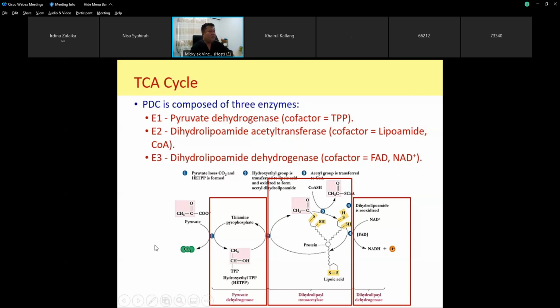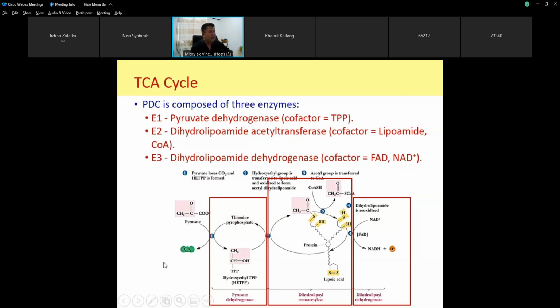Alright, so from here, 3 carbon of pyruvate, 1, 2, 3 carbon, will release 1 CO2. This CO2 dia akan keluarkan menjadi CO2 lah, the gas that you breathe out, or your body can use sometime later.